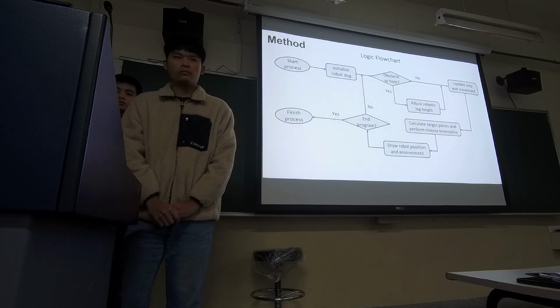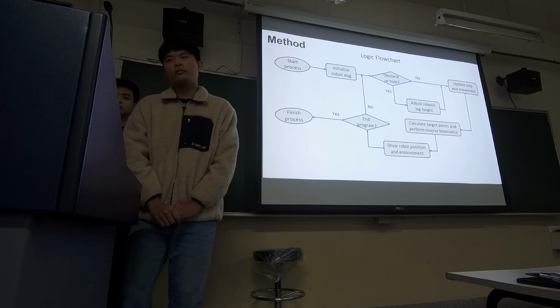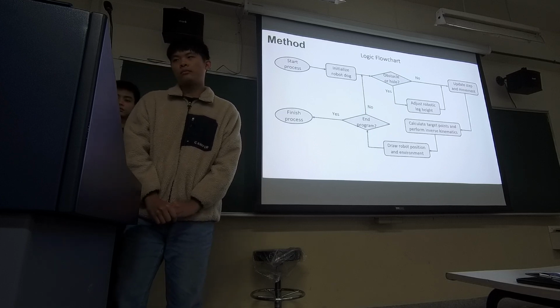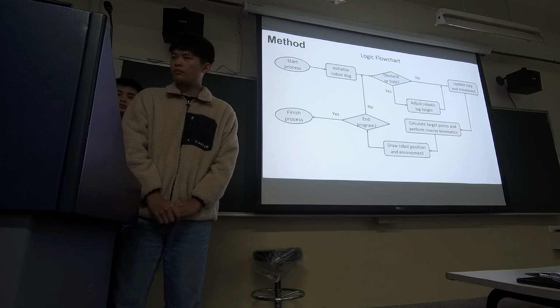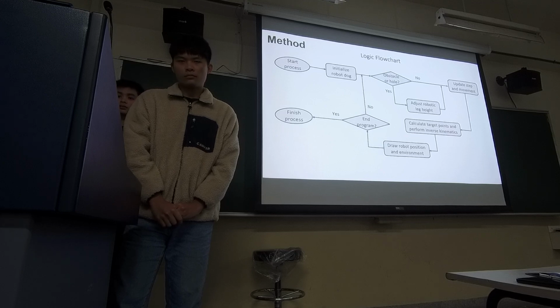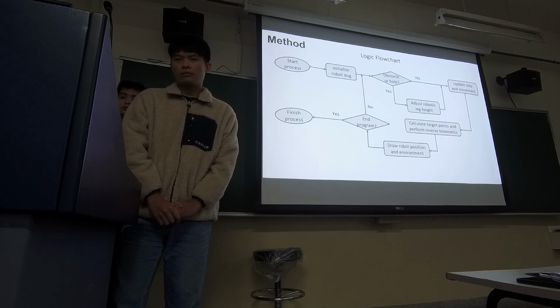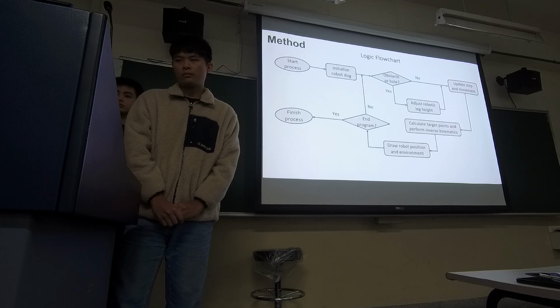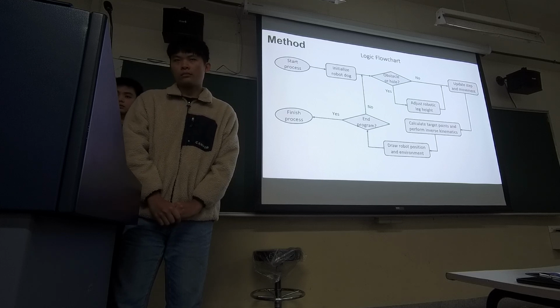And this is our logic flowchart for the problem. The first step is to initialize the robot dog. Next, the robot checks for any obstacles or holes in its path. If obstacles or holes are detected, the robot will adjust its height and step over them. If there are no obstacles, the robot will proceed to update its steps and movement.